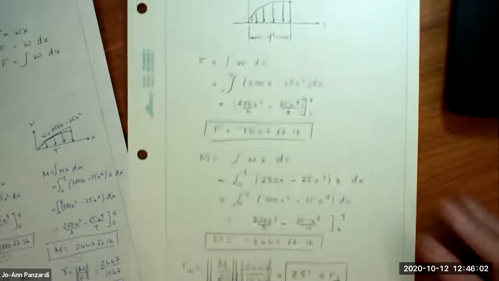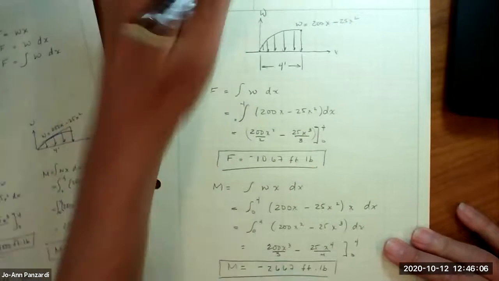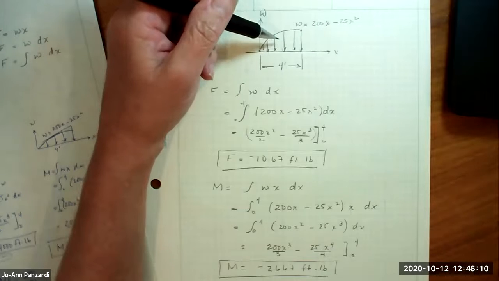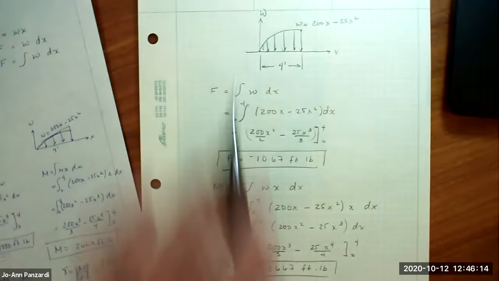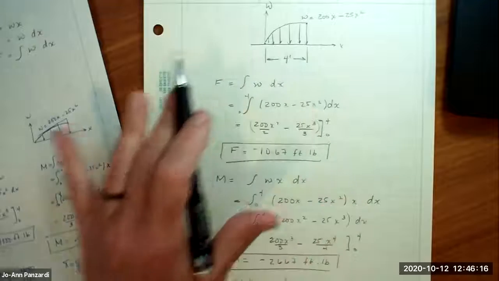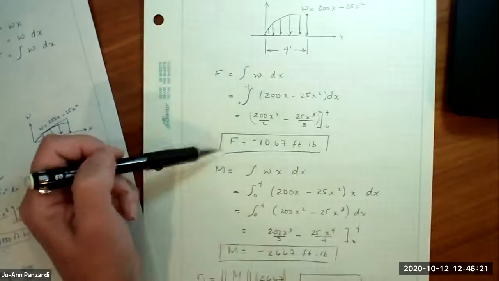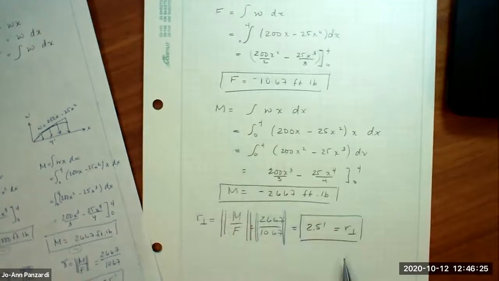So I bet that if we had known where the centroid of a parabola is, we would have been able to figure it out without even doing all the integration. But whenever you have a shape where you don't know the location of the centroid, you can calculate your force and your moment using integration and then solve for the perpendicular distance.